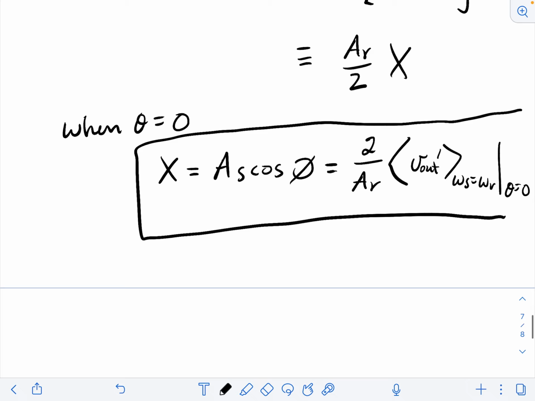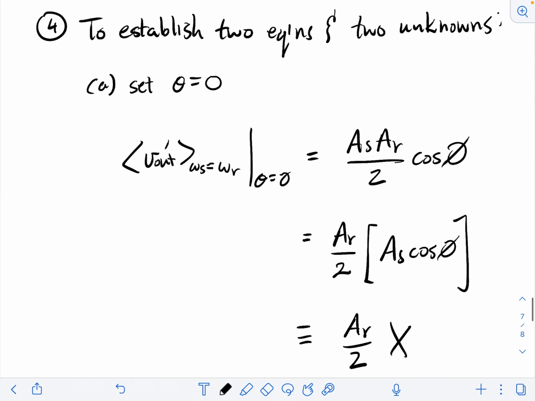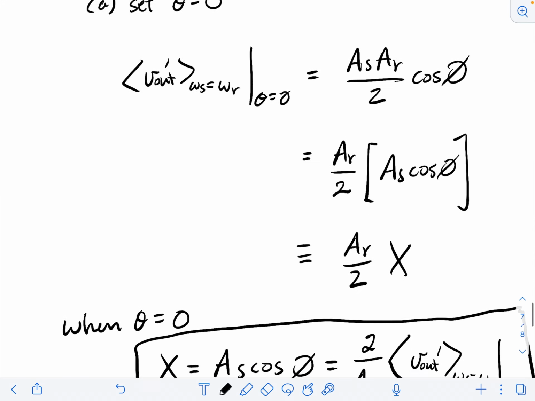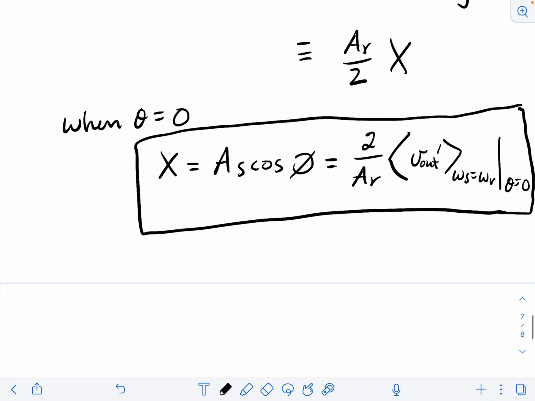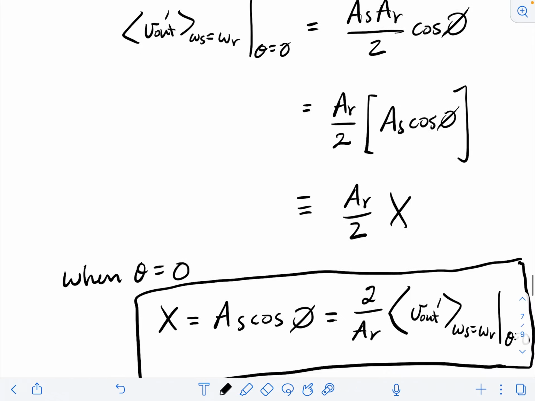So we need two equations. We still have only one, and this one equation is used to establish this value of X that we're going to use. In the second equation, instead of setting the reference phase equal to 0, we're going to set the reference phase equal to pi by 2.